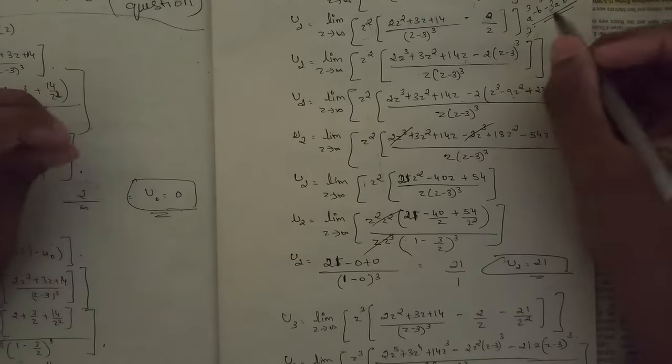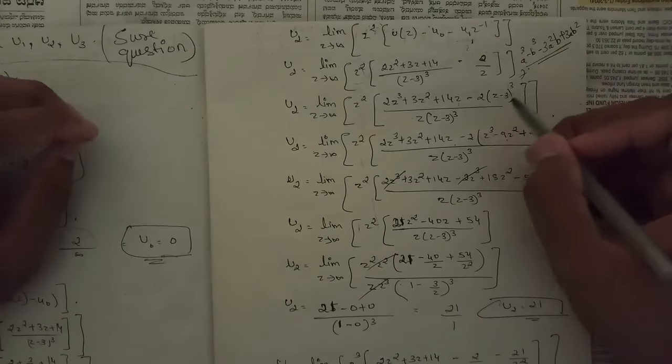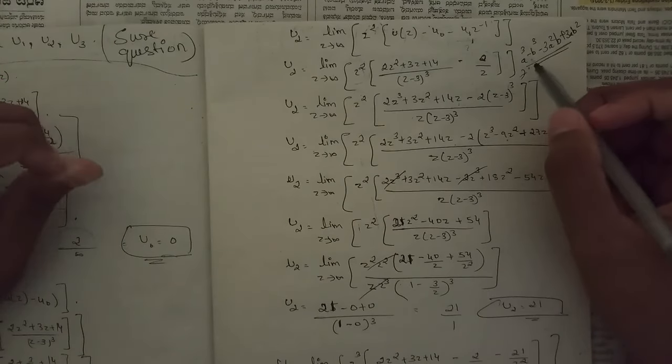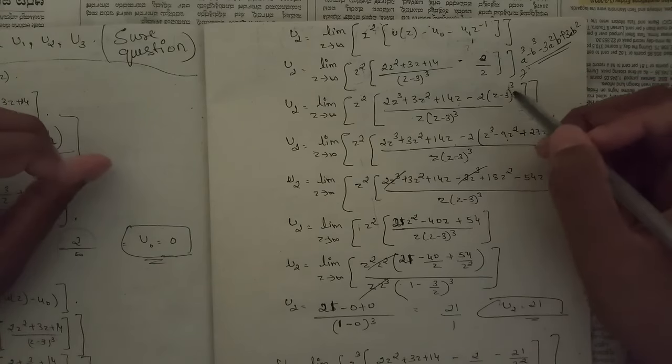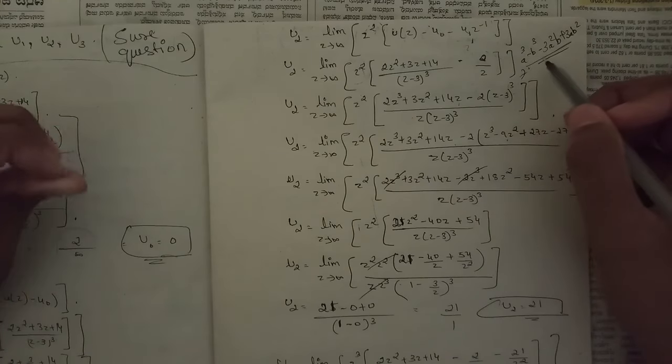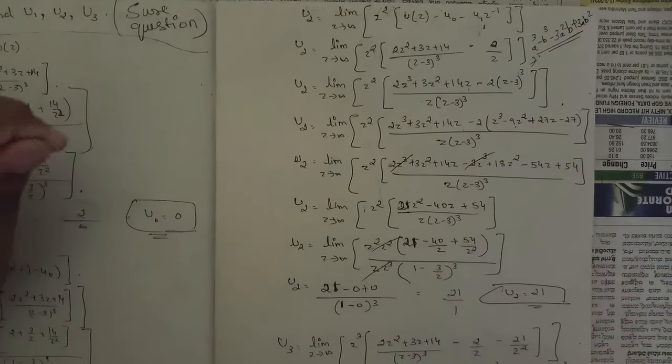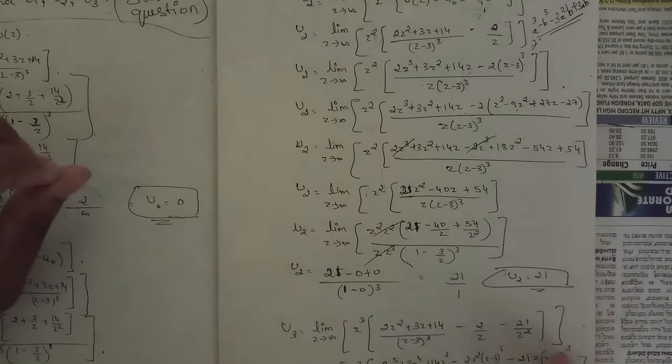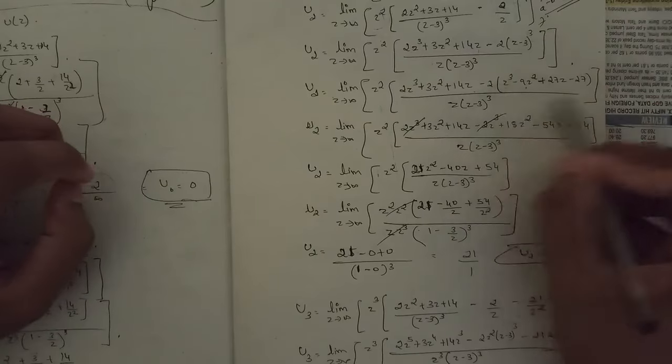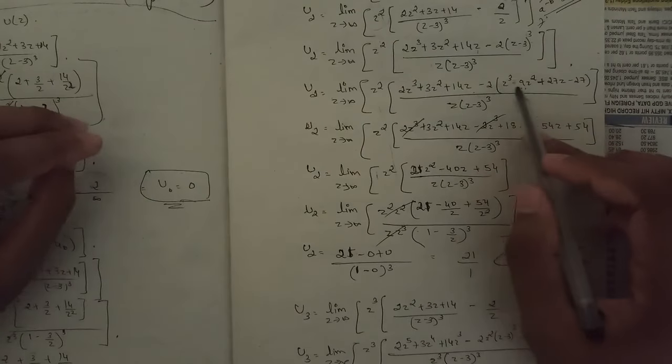That identity we need to apply here, and the answer we get is z cube minus 9z square plus 27z minus 27.